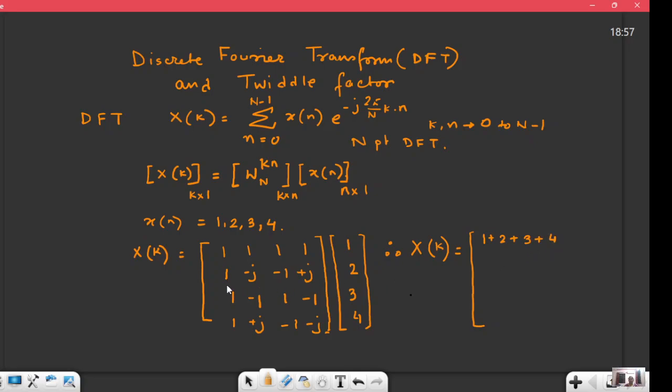Then the next row will be 1 into 1, 1 minus j into 2 is minus 2j, minus 1 into 3 minus 3, and plus 4j. The third row is 1 minus 2 plus 3 minus 4. The fourth row is 1 plus 2j minus 3 minus 4j.